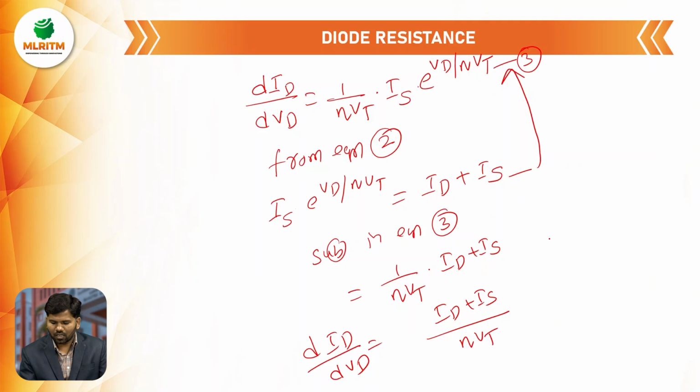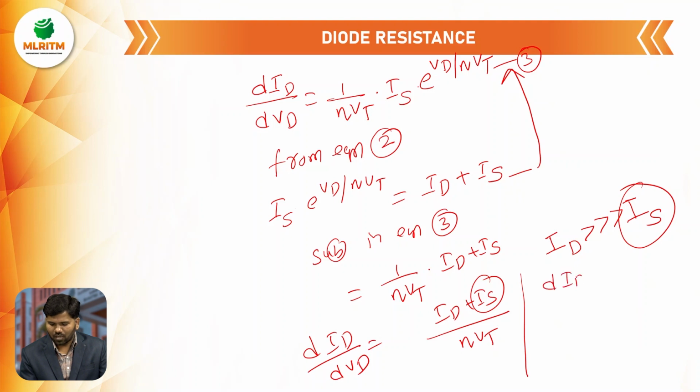So we know that the reverse saturation current is very small. Which means the reverse current is very low compared to the forward current, that is ID is greater than IS. Now we are going to neglect this reverse saturation current. Now I can write this equation: dID by dVD is equal to ID by eta VT.